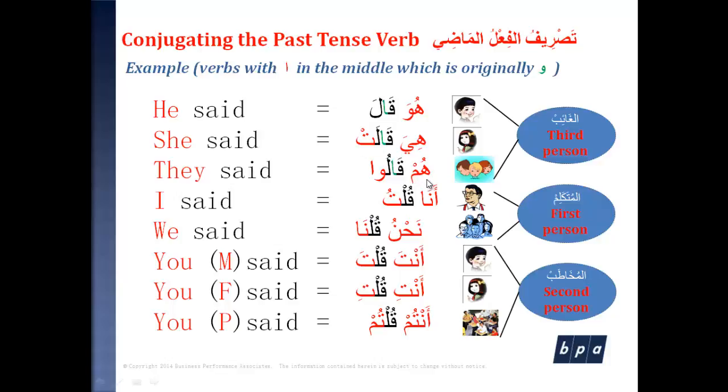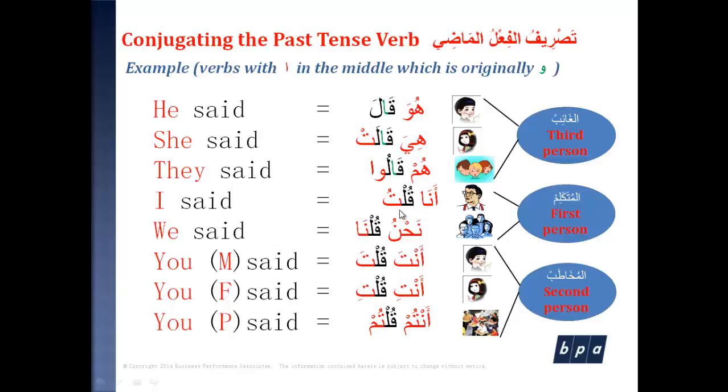When we go to the third person hum, they said, hum qalu. Basically, the three letters are kept, and it followed similar patterns of adding these letters at the end to the previous example of dhahaba. Here's the main difference: when we go to the first and the second person, the vowel disappears.